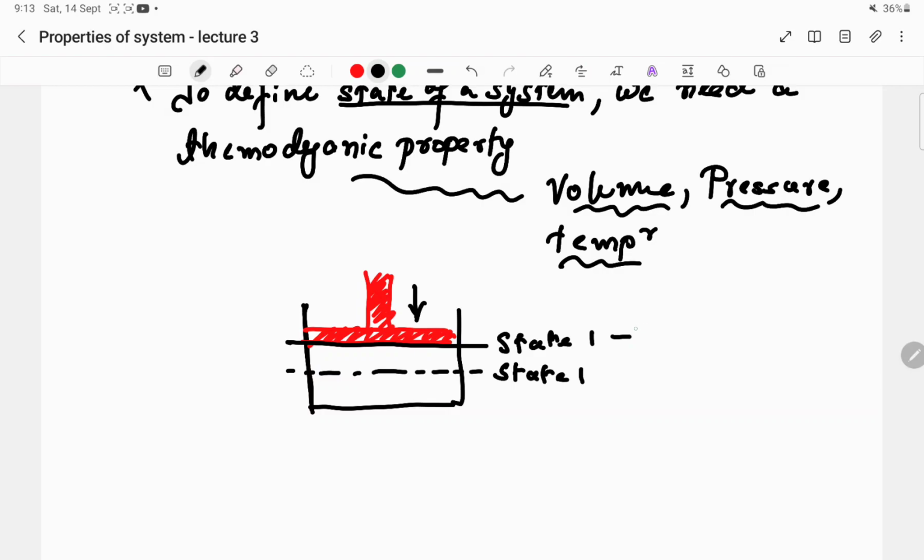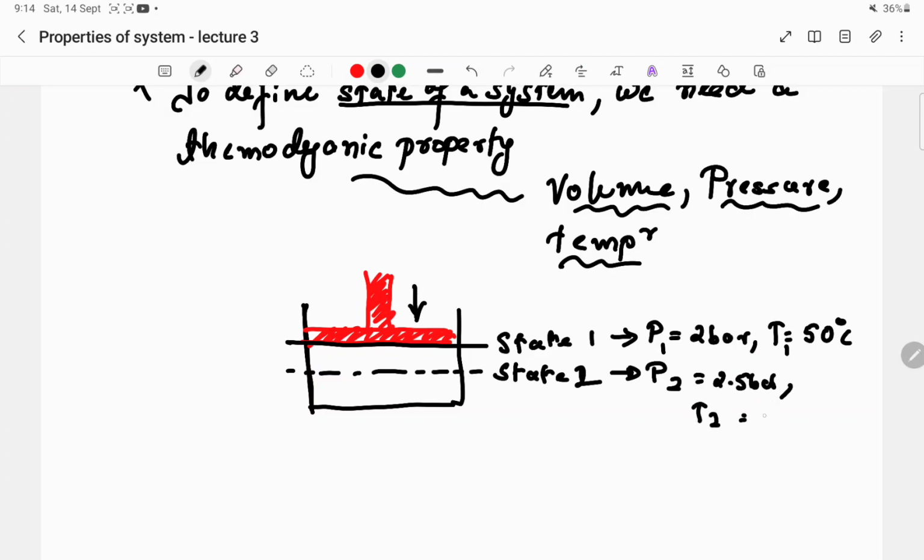At state 1, let's say pressure is 2 bar and temperature is 50 degrees, and at state 2 the pressure is, let's say, 2.5 bar and temperature is 53 degrees Celsius.